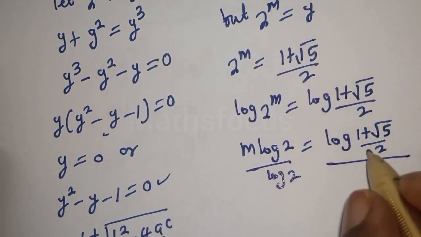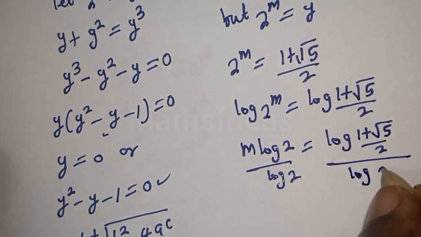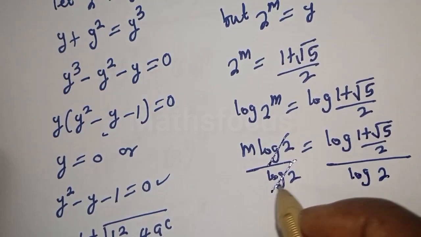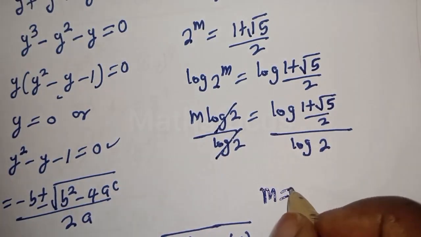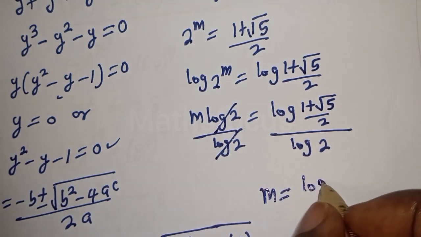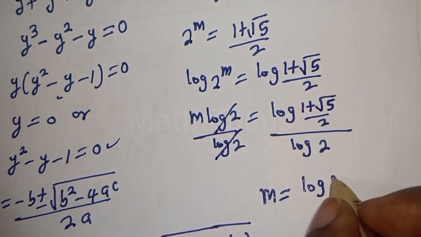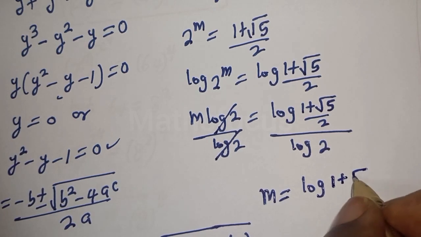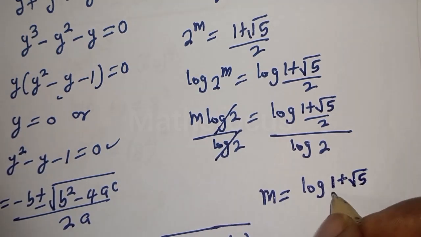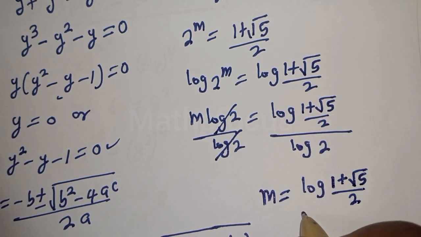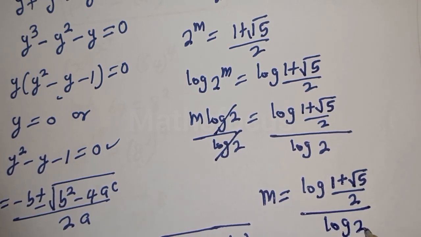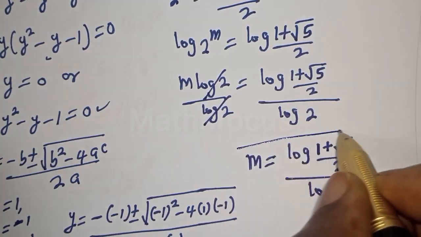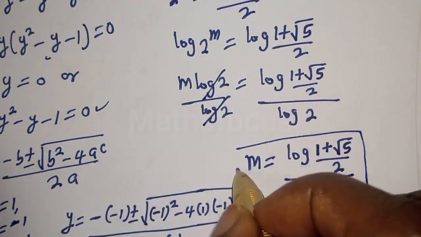This will cancel this. m is equal to log of (1 plus root 5) over 2, divided by log 2. And this is the final answer.